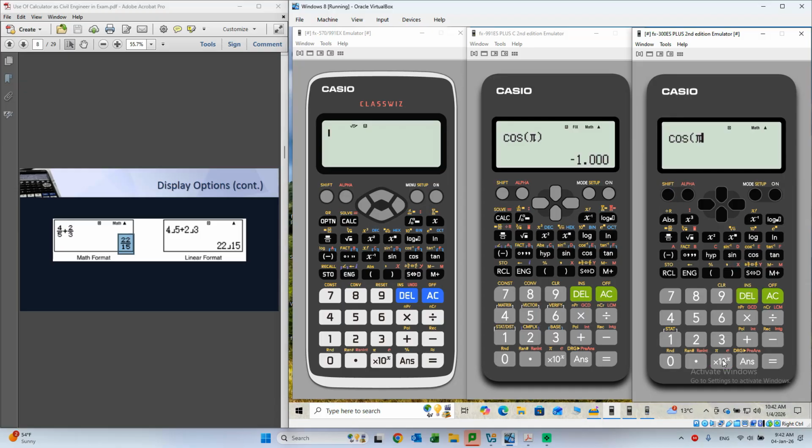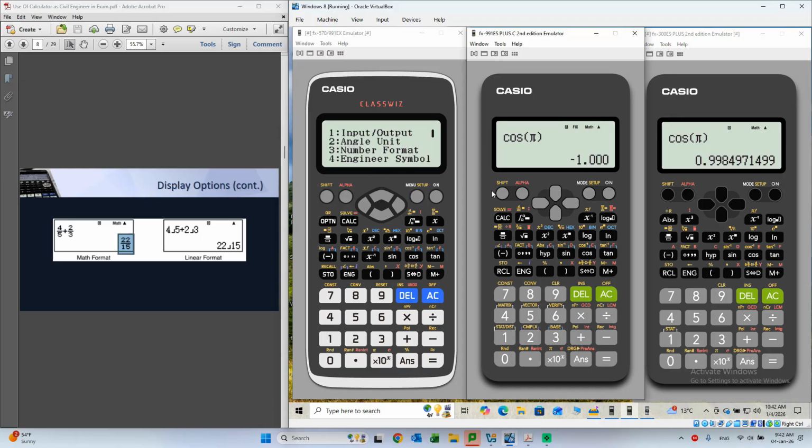If I do the same thing, it doesn't make sense here, because you are in degree mode, so pi here is considered 3.14. However, in the case of radian, pi is 180, so cosine 180 will be -1 here. This is why it's important, when you're dealing with radian angles, to change the mode of the display to radian.